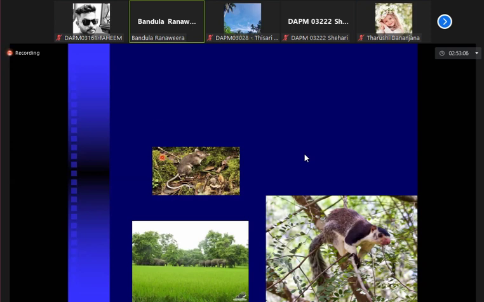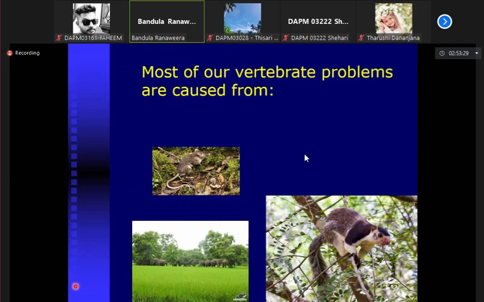Then some of us are visiting national parks to see elephants, but when they get out from their natural environment and invade our crop production sites, then they become pests. How serious are elephants, you know. So rats, elephants, squirrels, right.